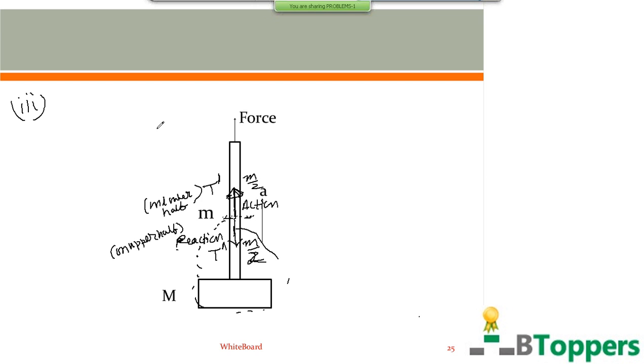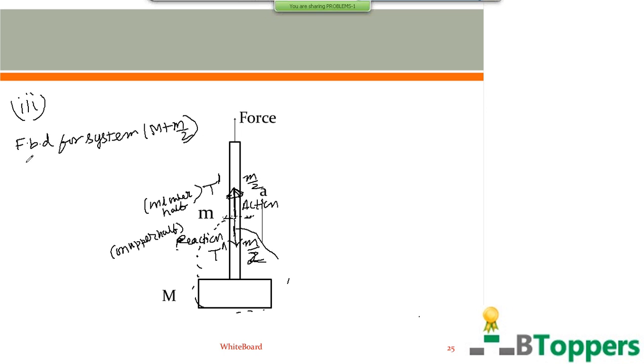Suppose you consider the lower half of the rope and the block together as one system of mass capital M plus small m by 2.